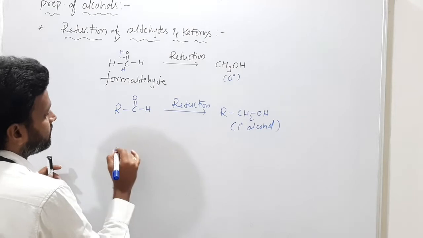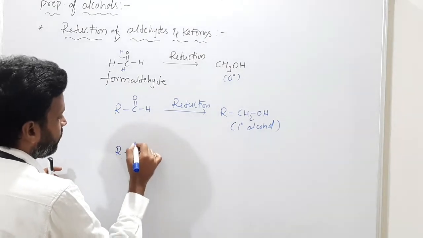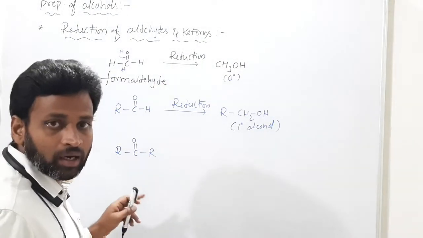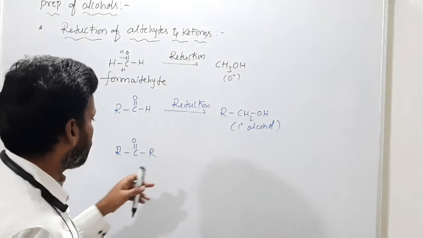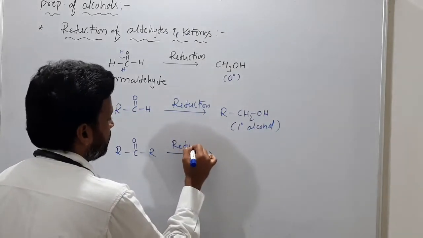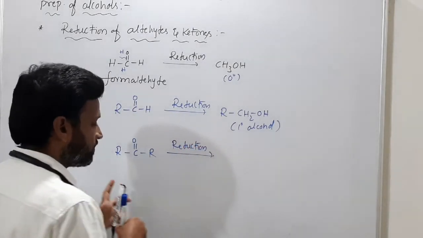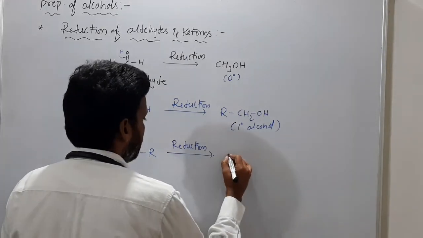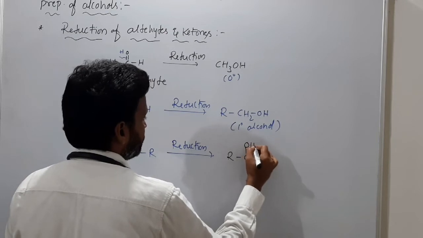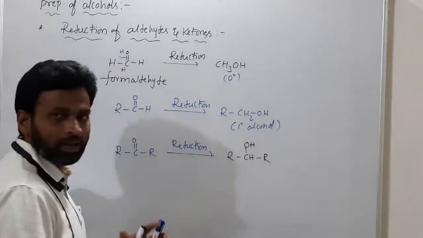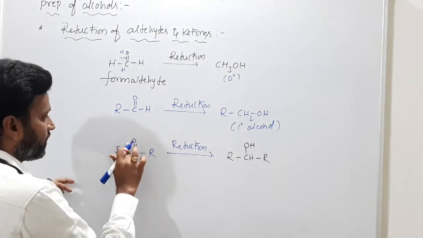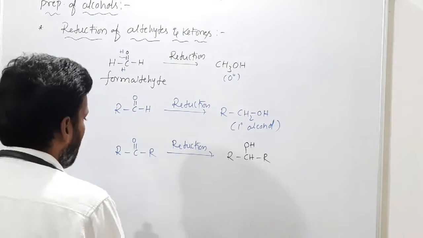And something else like ketone, RC double bond O, R. Then what happens by reduction? On reduction, same story, you will get R, C, H and OH and R. So what happened? Addition of hydrogen, one hydrogen here and one hydrogen here.